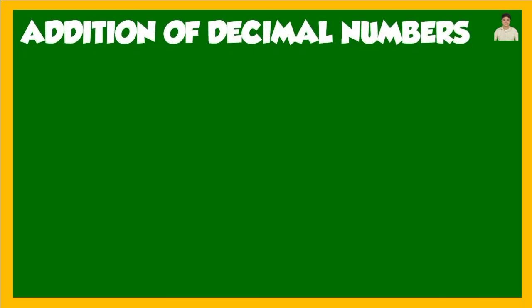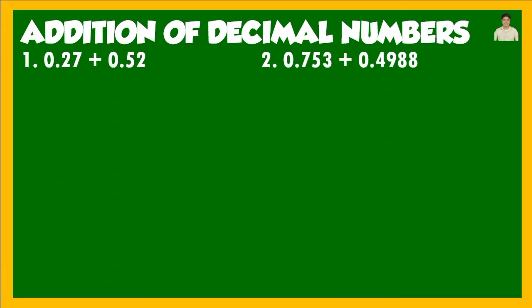Now, let us have the first operation, which is addition of decimal numbers. Let us have the first given. 0.27 plus 0.52, or it can be read as 27 hundredths plus 52 hundredths. Nasanay lang kasi tayo dun sa 0.27 plus 0.52. Let us have the first step.